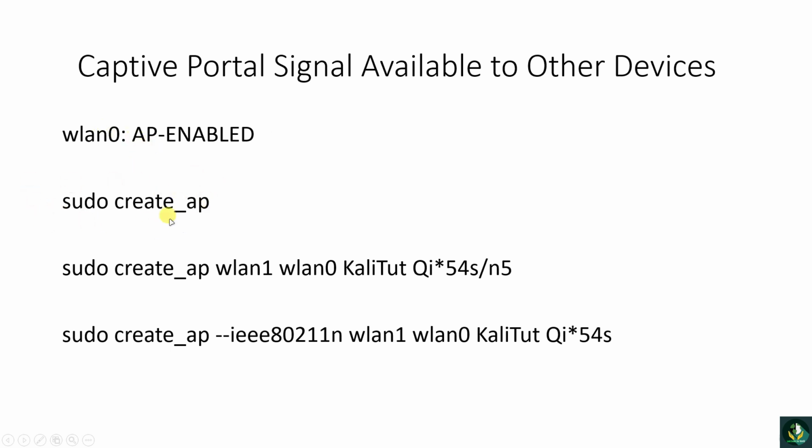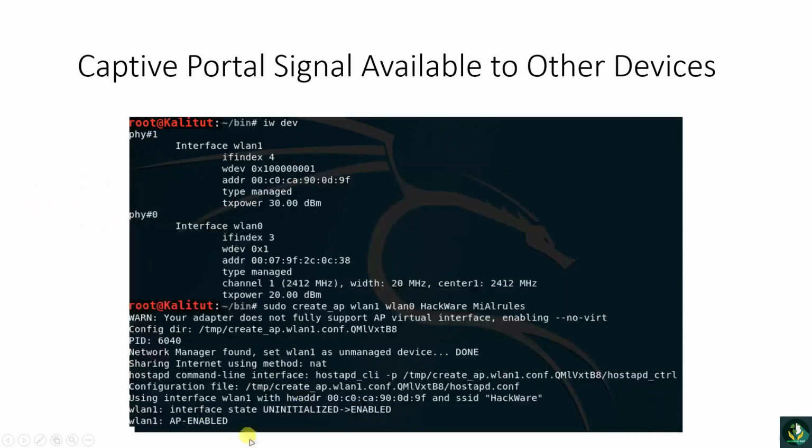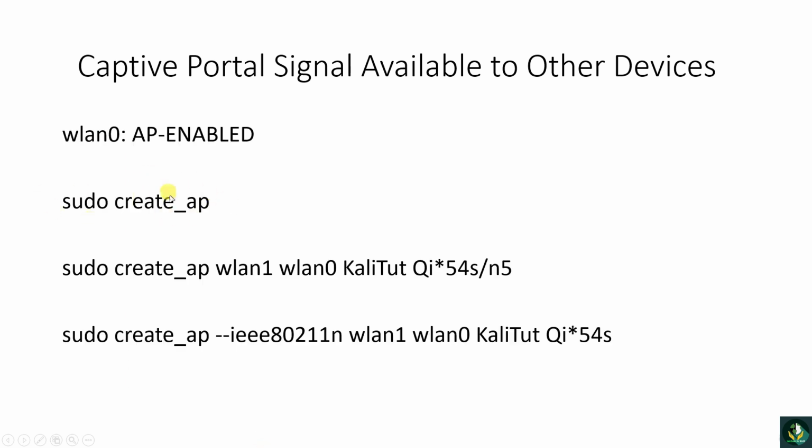If you want to create a password protected AP, use a command like this. As you can see, previously our AP is enabled. So now you use a command to create a password protected AP: sudo create_ap. For example, in order for my AP to have a password, I use this command as previously told. This is my name, Kali tutorial.